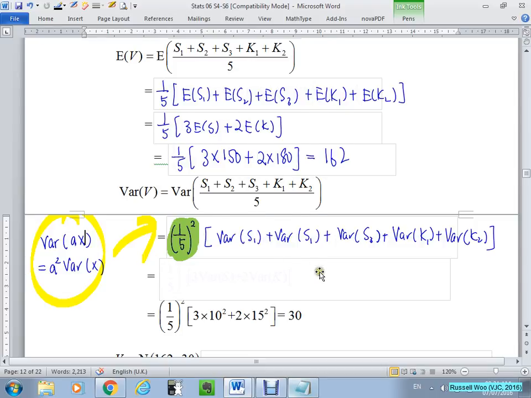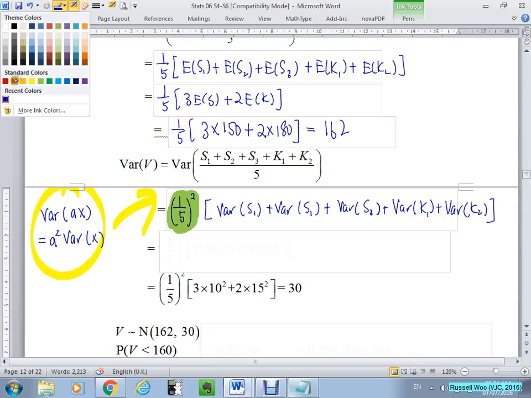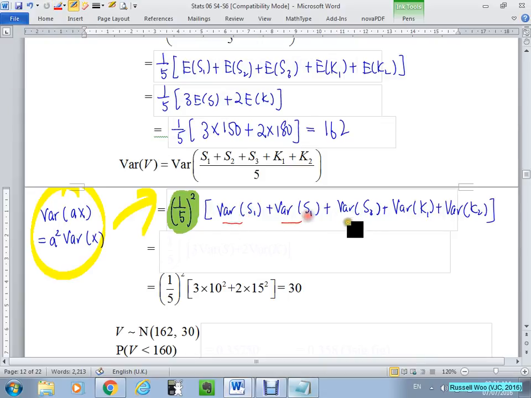So, I think the answer is quite obvious now because these ones are all the same. These two are all the same. Correct? There you get that.